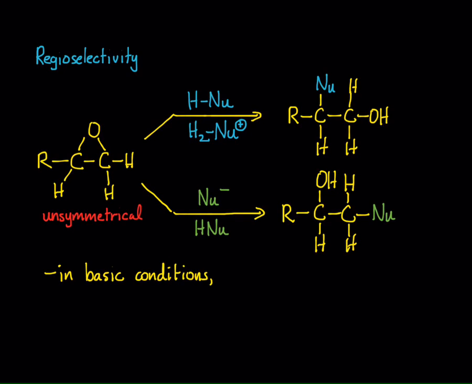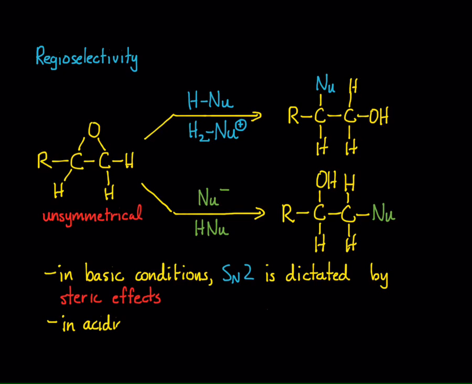So in basic conditions, the green scenario, where I have a basic nucleophile, it's going to add to the least hindered carbon, opening up the ring to form an alkoxide, and then you get a proton transfer of that alkoxide. However, in acidic conditions, what's happening? We're protonating, typically.